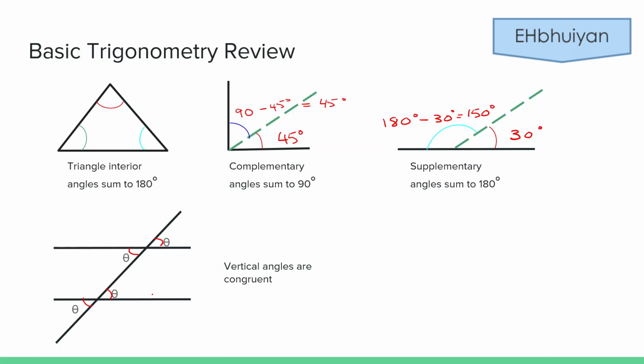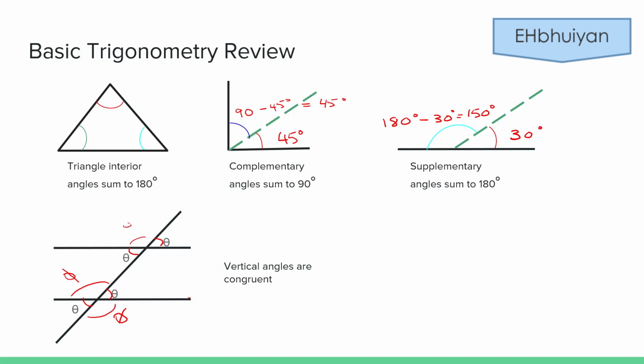If you just pictured moving this line right above this line, you see that you have the same scenario, theta, theta, and then this angle right here, we'll call that phi, must be 180 degrees minus theta because they are supplementary. And then this angle here must also be phi because they're vertical, and also this is supplementary.